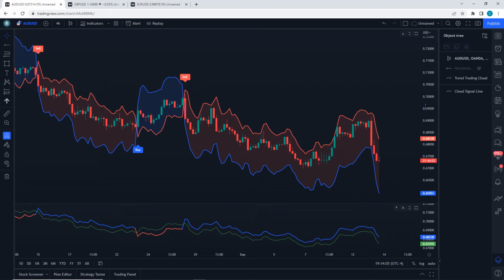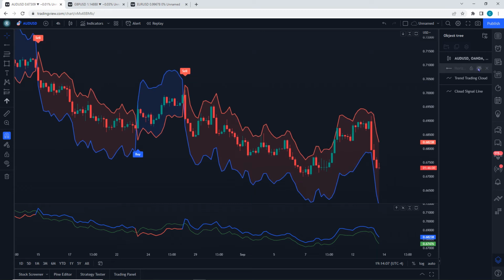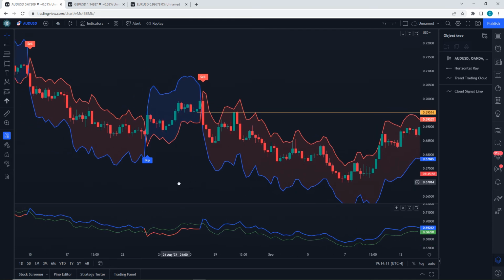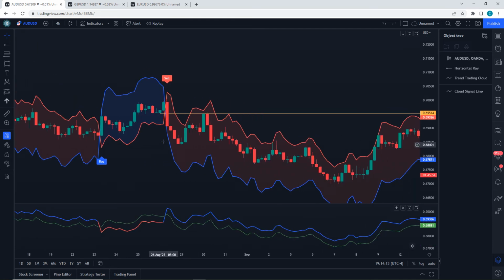And just as an example here, I've marked out the bottom of this supply zone, which is another great thing to use with this. If you see the cloud change, I look for the closest supply or demand zone.